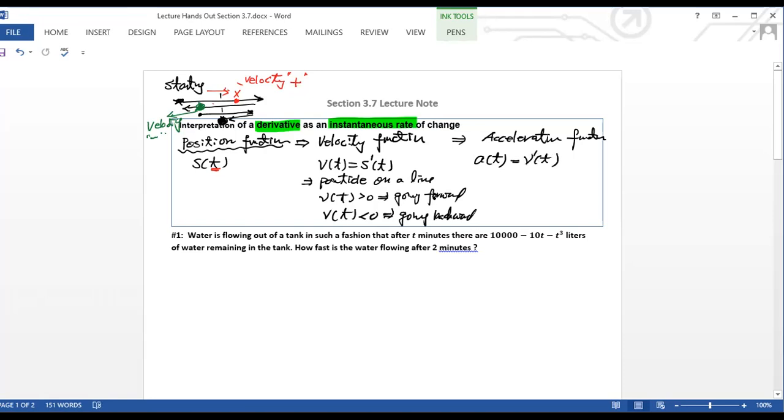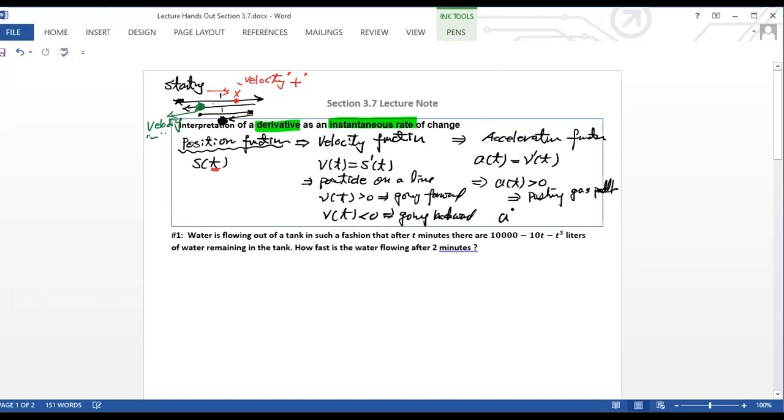So it's a change of the velocity. If a(t) is positive, that means you're getting faster and faster. If you are driving a car, that means you are pushing the gas pedal, correct?